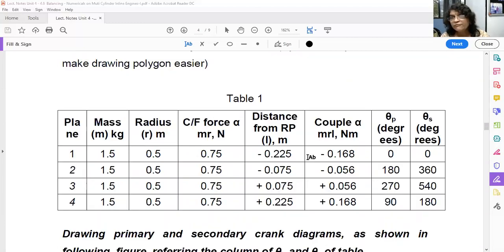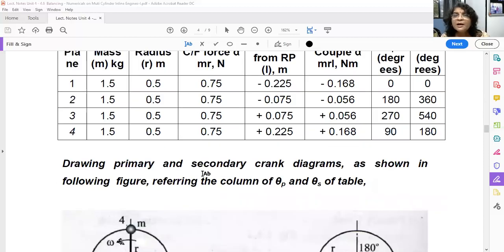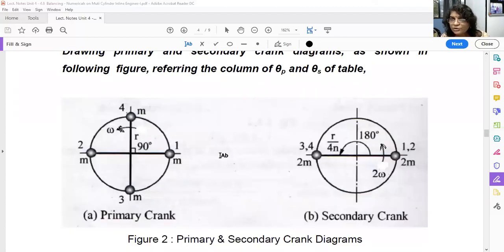For cylinder number 1, it is a negative couple, minus 0.168. Take any suitable scale. Minus means it will not be in the direction of the force, but opposite to the direction of the force. For example, for cylinder number 1, the direction is outward, towards positive x-axis, so negative will be towards the left.